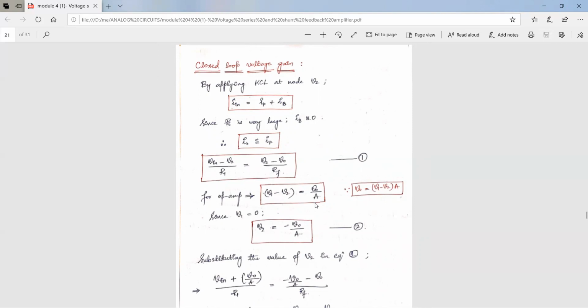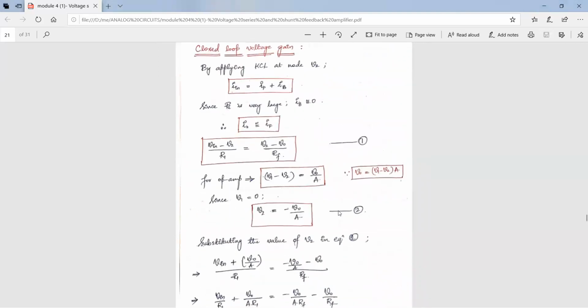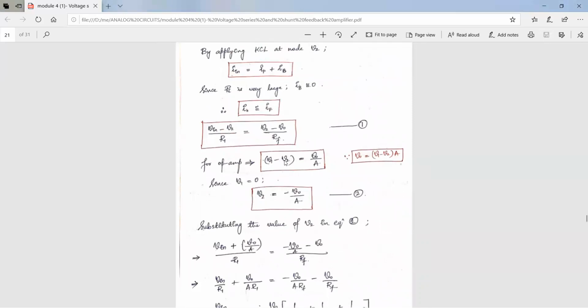Since the voltage at node V1 is equal to 0 because it is grounded, I'll substitute V1 equal to 0 in this equation and I'll get V2 is equal to minus V0 by A, and I'll name this equation 2.